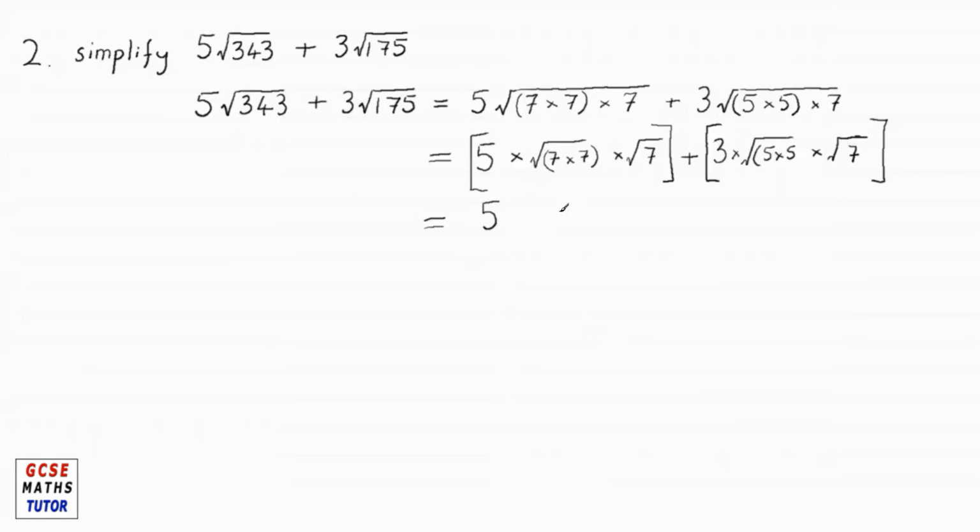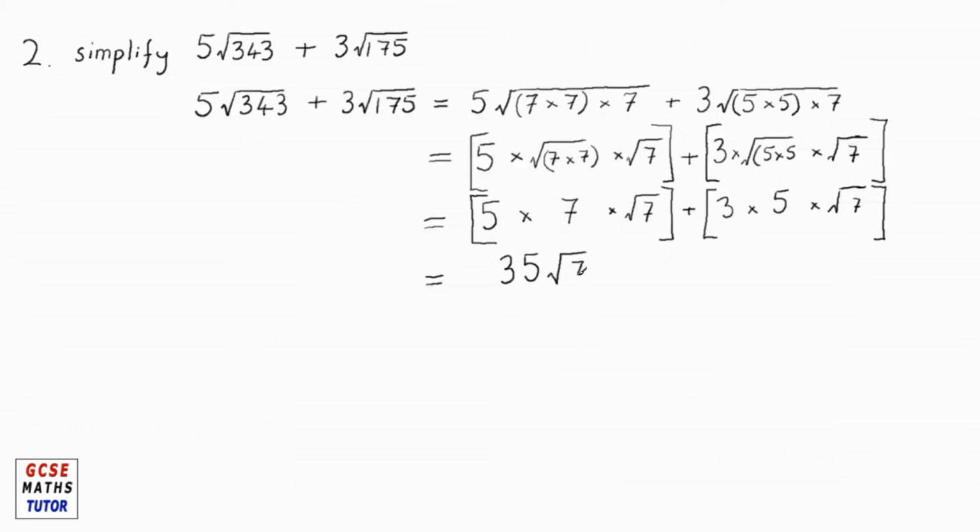Which equals 5 times 7 times the square root of 7 plus 3 times 5 times the square root of 7, which equals 35 root 7 plus 15 root 7, which equals 50 root 7.